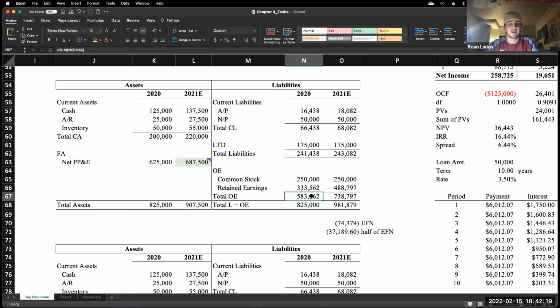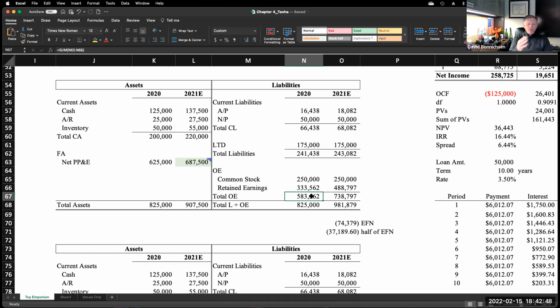I had the right number, but for that, would you just make a cell that says your previous year's retained earnings and then have it coded to add your addition to retained earnings to that? Yeah, when we get to the 2021 estimate, that's exactly what we're going to do. For the purposes of figuring 2020 out, you're not given 2019 at all.